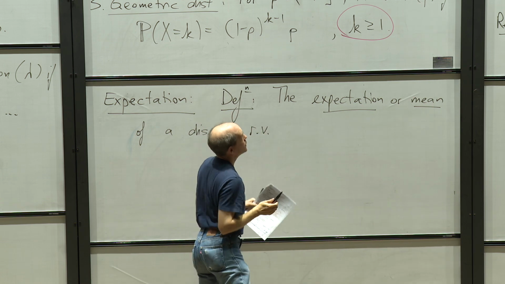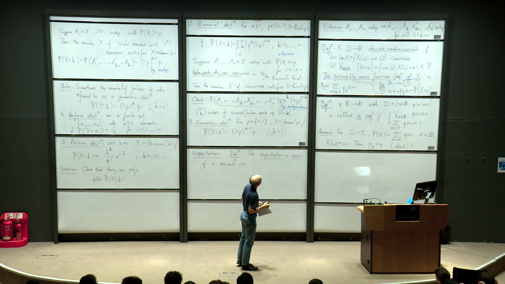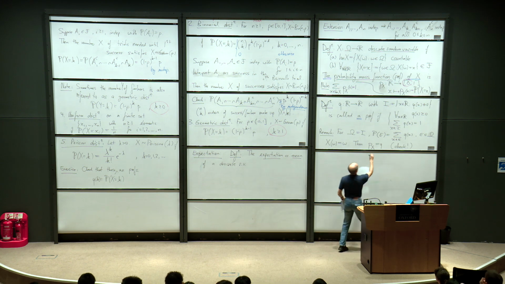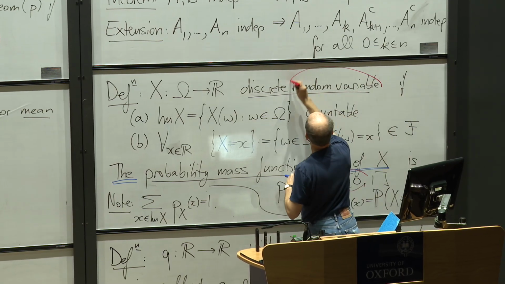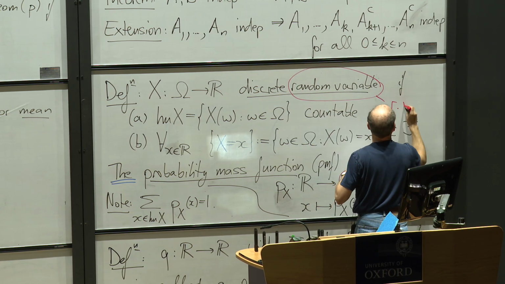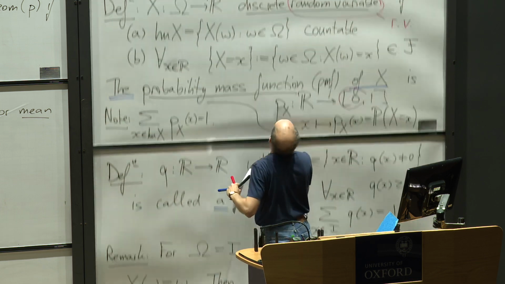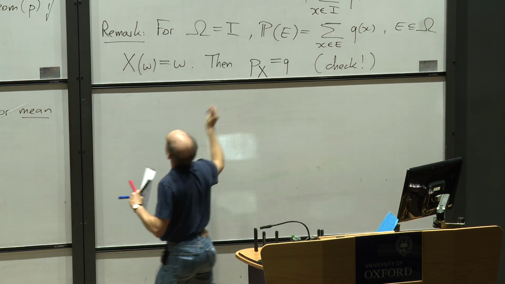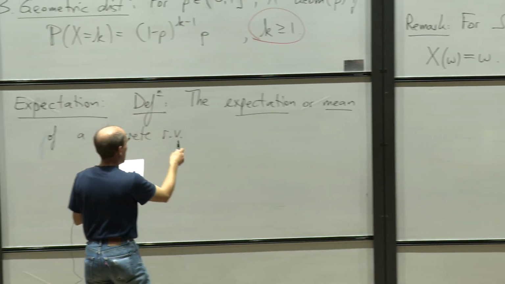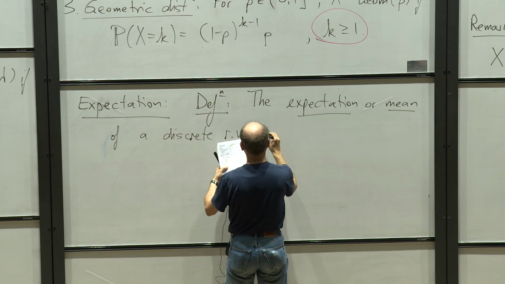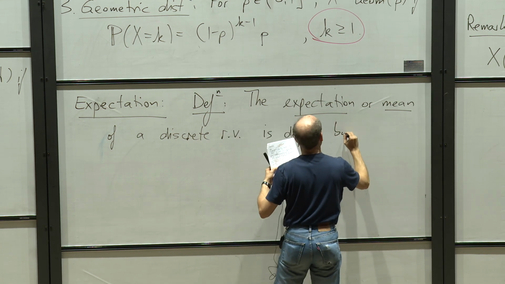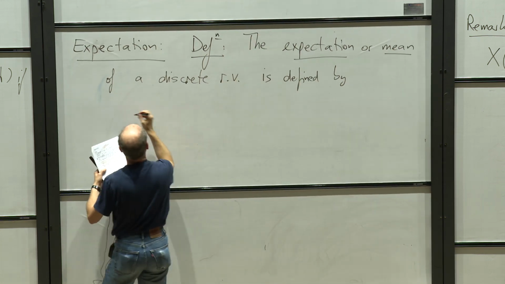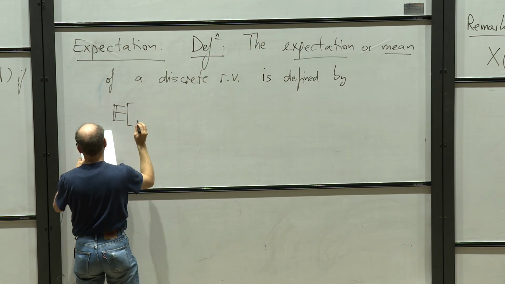random variable. Did I introduce that notation r.v.? Maybe I didn't, but maybe I should, because I'm not going to write random variable all the time. So let me say here, I want to abbreviate random variable as r.v. So a discrete random variable is given here, and we define its expectation by, well, let's just hope this makes sense for a start, and then I'll put a constraint on as needed.